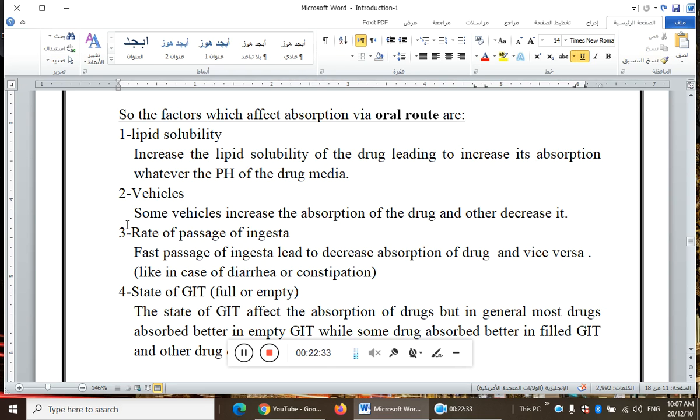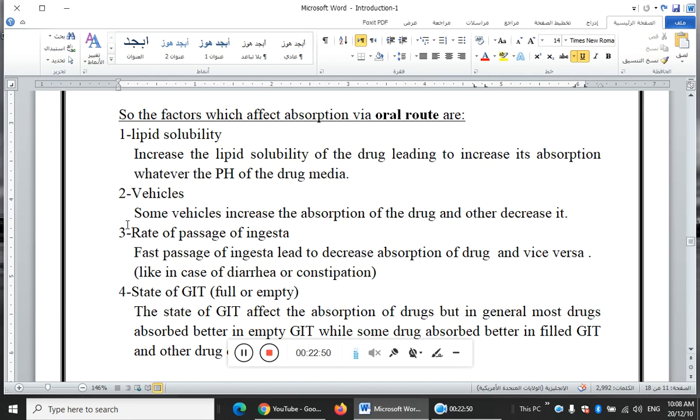So the first factor is lipid solubility of the drug. When the drug has lipid solubility characteristic, that means it will be absorbed more and completely.